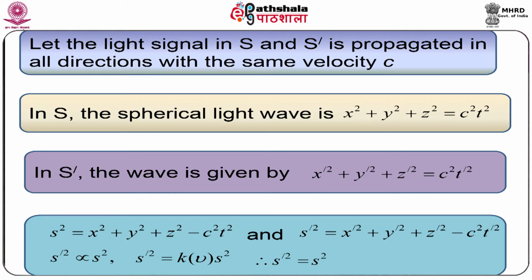We can write this in this way. Similarly, this can be written as s' square equal to x' square plus y' square plus z' square minus c square t' square.